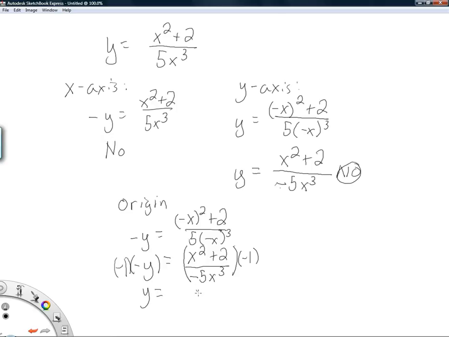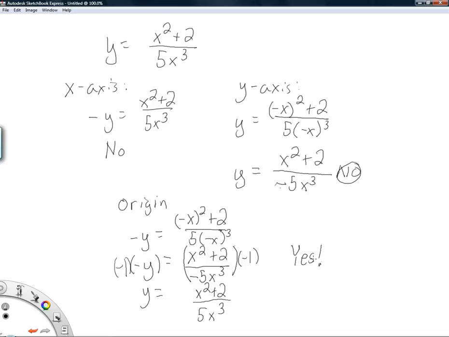Right-hand side, I'm going to leave the x squared plus 2. But by multiplying by negative 1, I now have 5x cubed. And lo and behold, it is the original. So this, for many students, is a surprising yes.